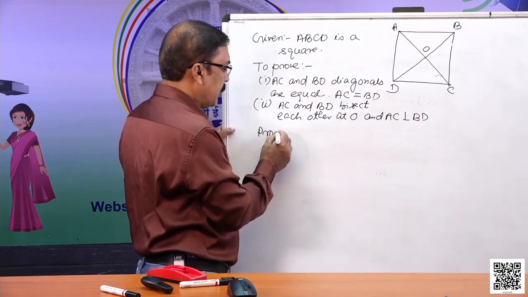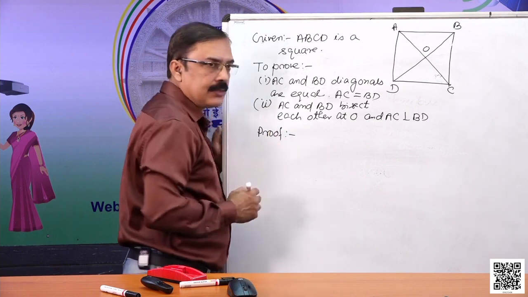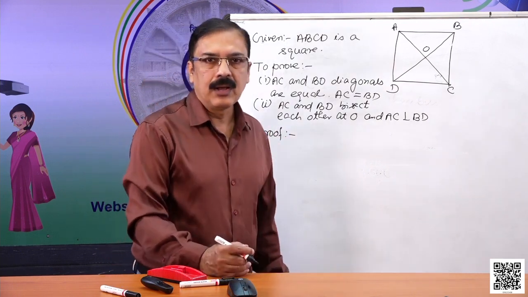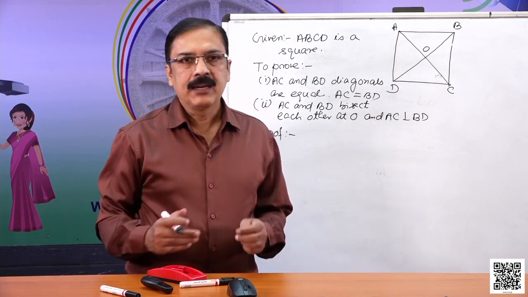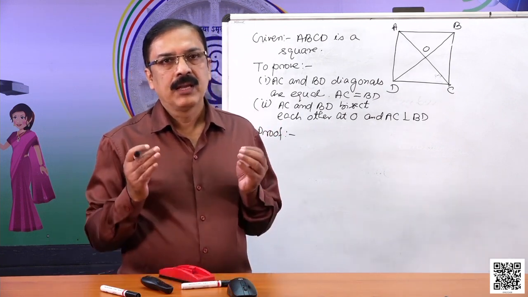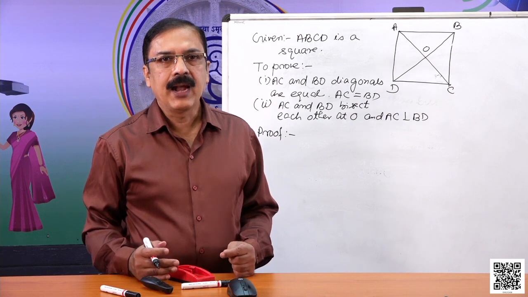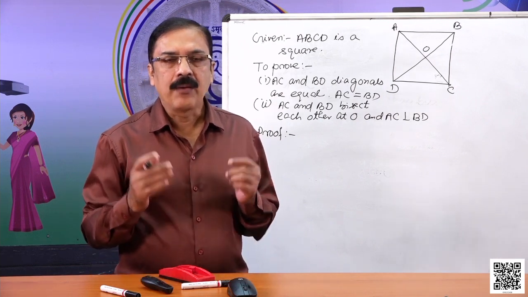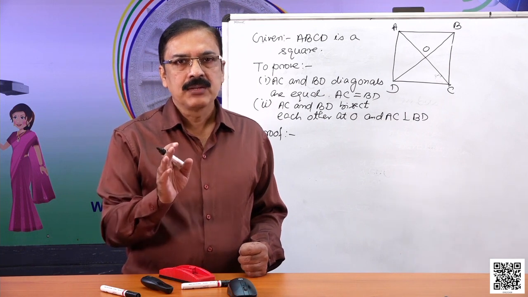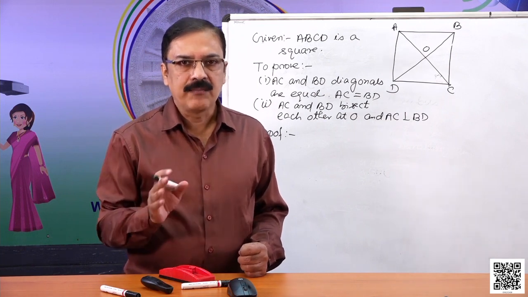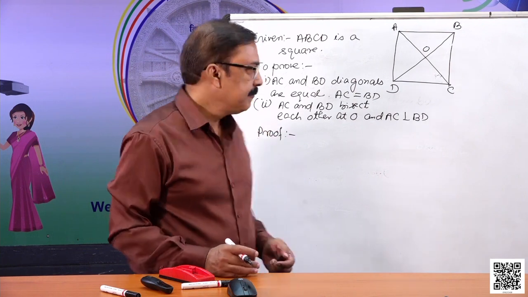Now you see, as we discussed earlier, a square is both a rectangle and a rhombus. So it has both the properties of rectangle and rhombus. So we can use that.